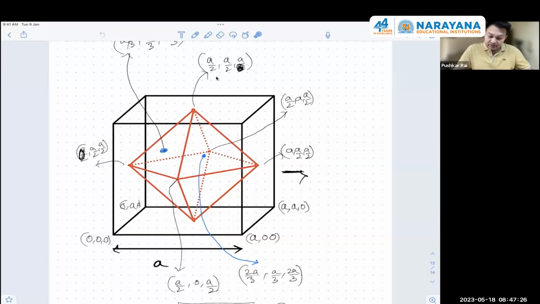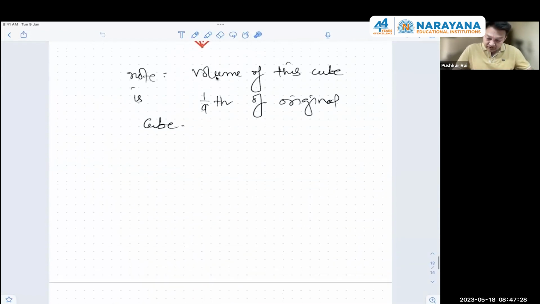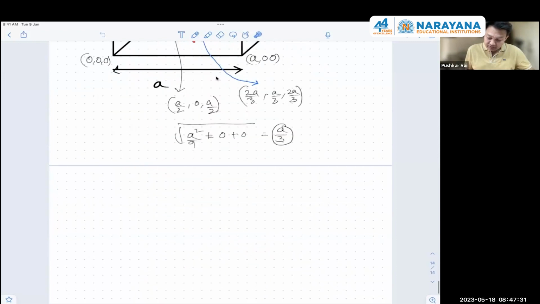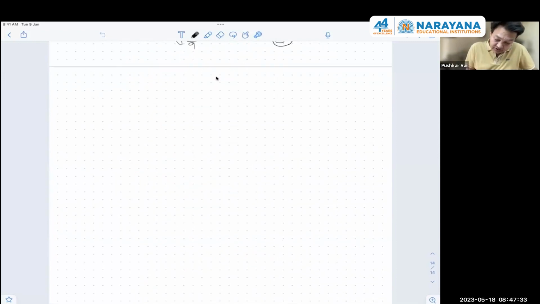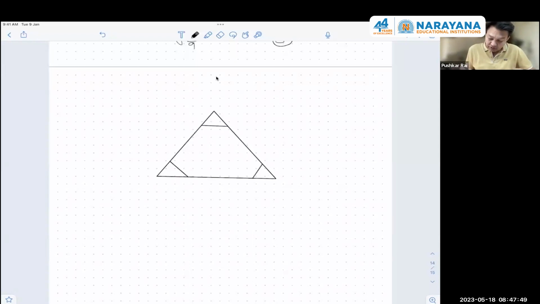At this point, start looking at the initial cutting, how the triangle looks. Initially, when you start cutting, it will look like this. First cut is like this. I am talking only about one face.